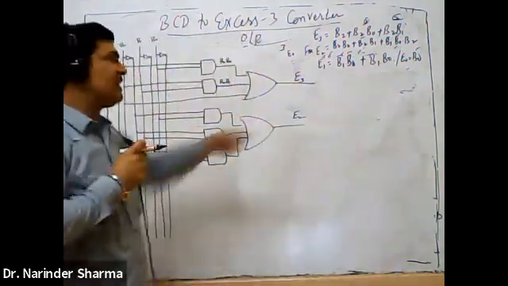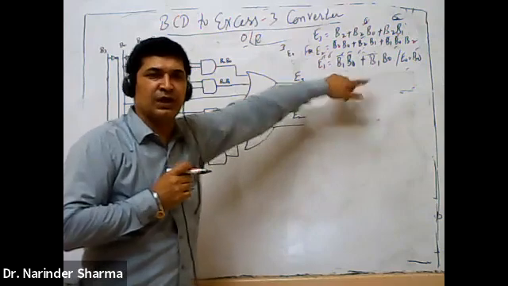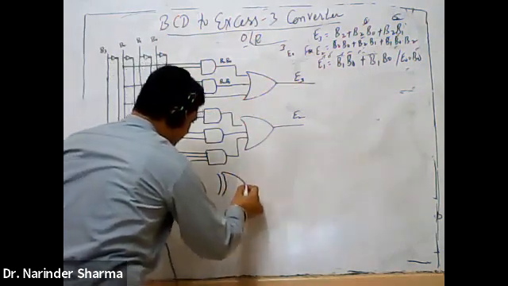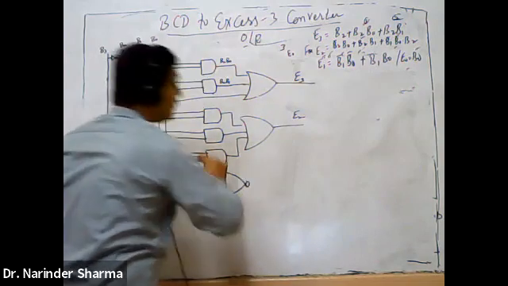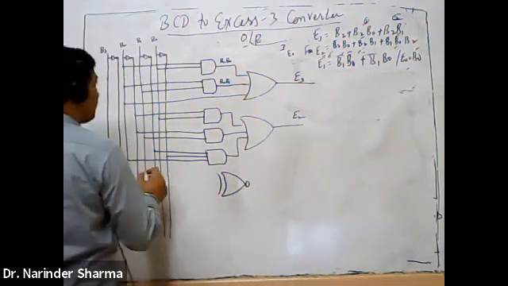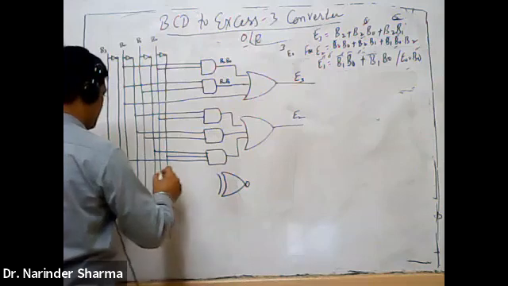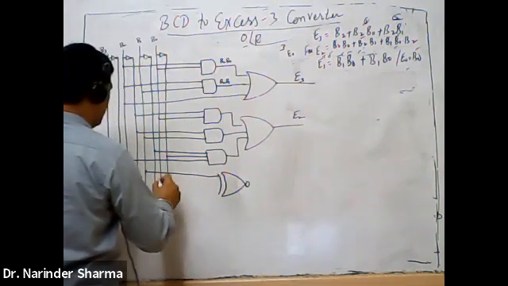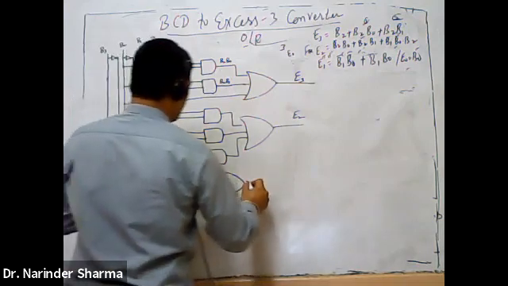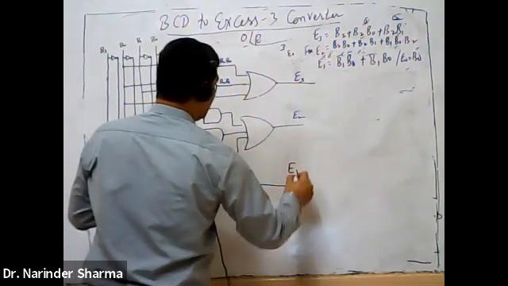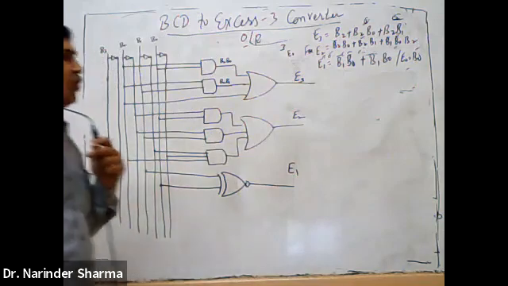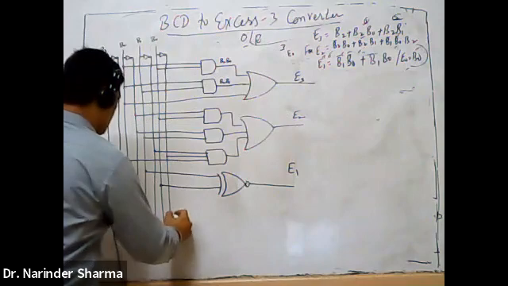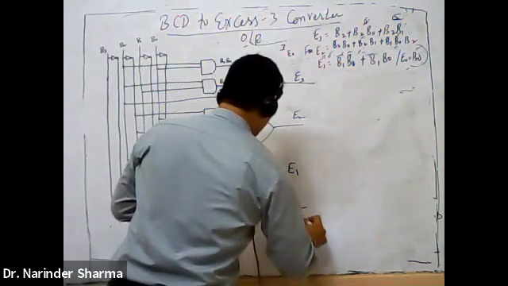Now you can pursue for the E1. Either you can see that this is the XNOR gate output. Directly you can apply the XNOR gate. That would be B1, B0. You will get this is E1. Now, as for the E0 is concerned, E0 is only B0 bar. So, this is your E0.